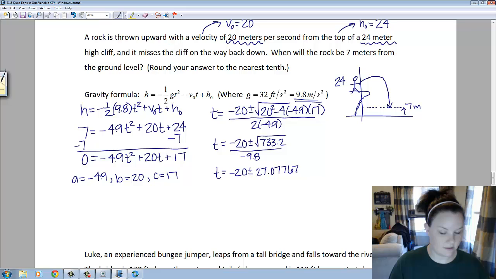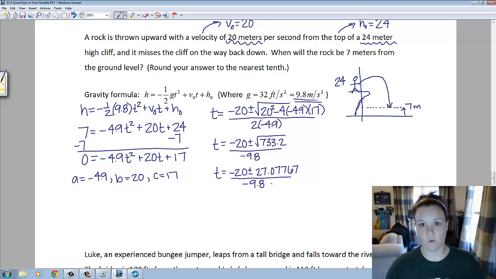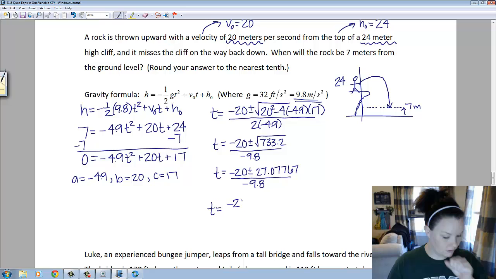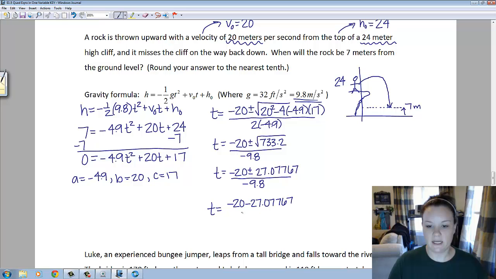So if I work these out, I'm going to get t is equal to negative 20 minus 27.07767 all over negative 9.8, or my other answer, which would be negative 20 plus 27.07767 all over negative 9.8. Now, when I simplify these two, notice the first one I have a negative minus a negative, which is going to give me another negative divided by the negative on bottom.